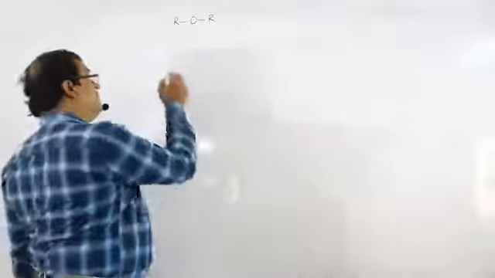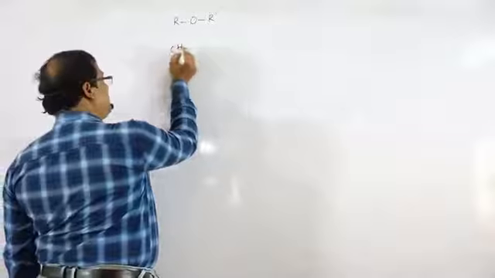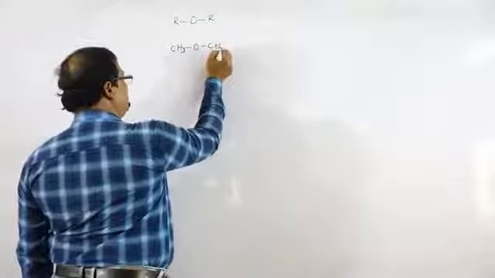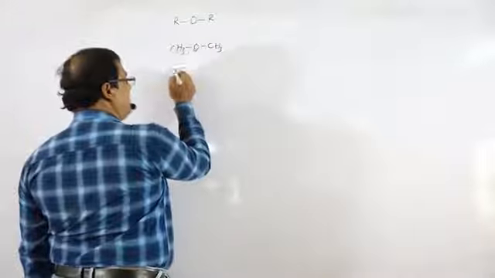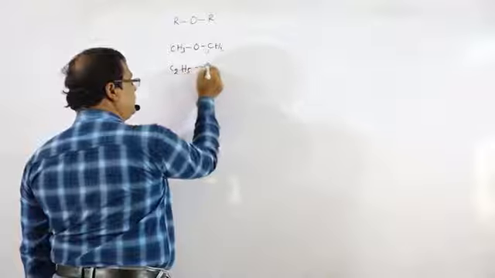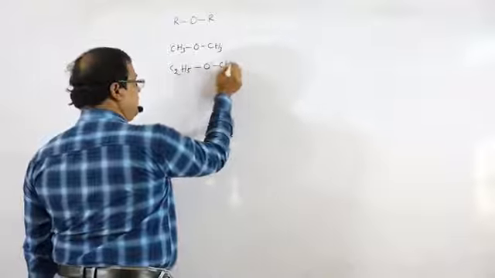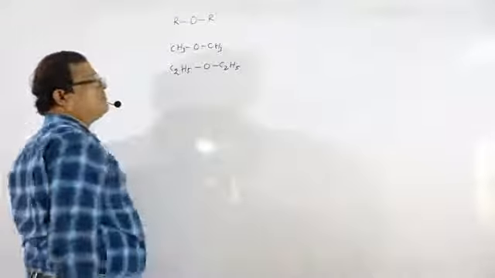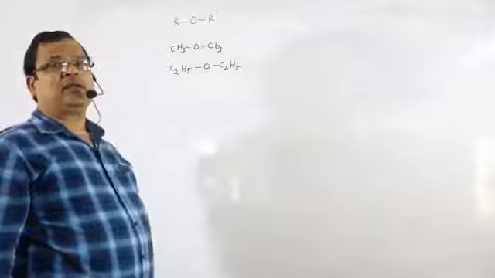Symmetrical ether, for example, CH3OCH3, C2H5OC2H5. Both the alkyl groups are the same. That is a symmetrical ether.